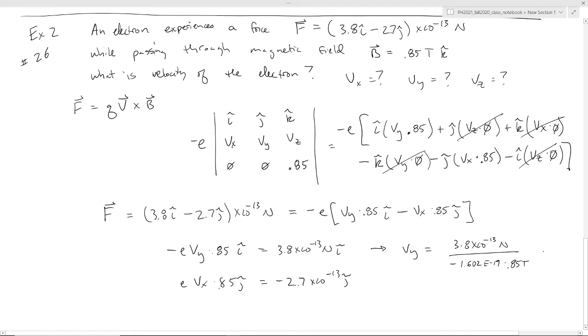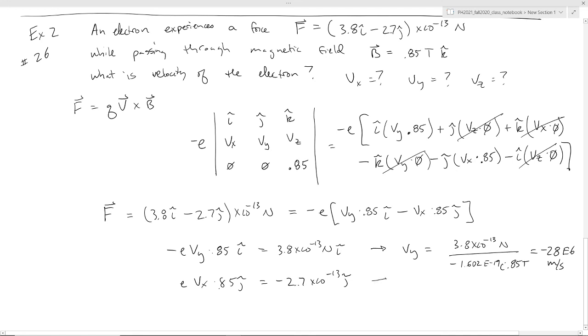This gives us negative 2.8 times 10 to the 6 meters per second.